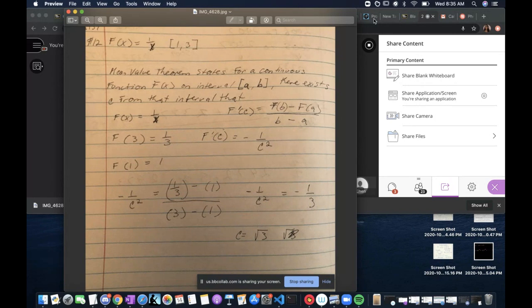So from negative 1 over 6 squared, it's 1 over... Did you do this yourself?